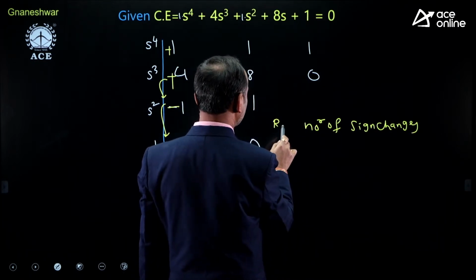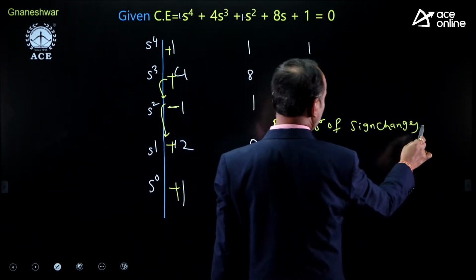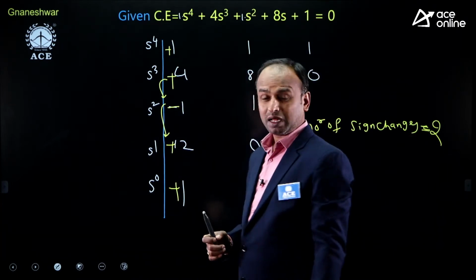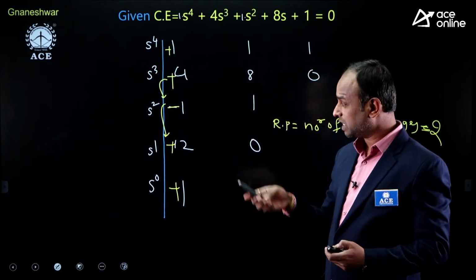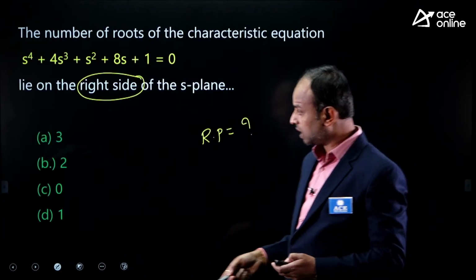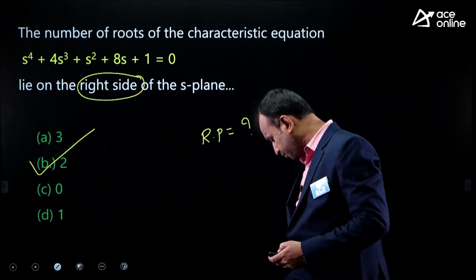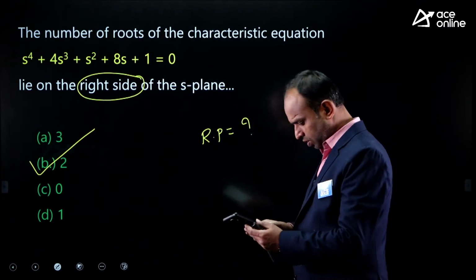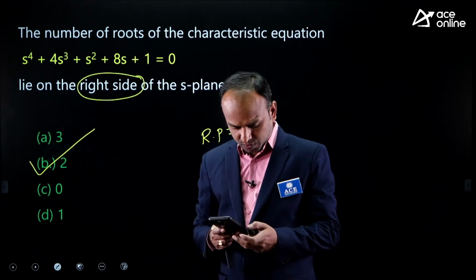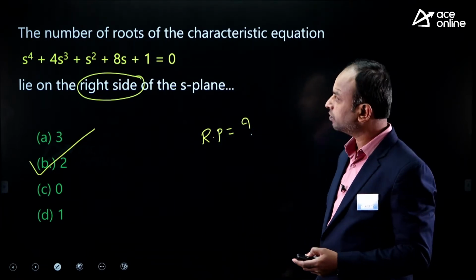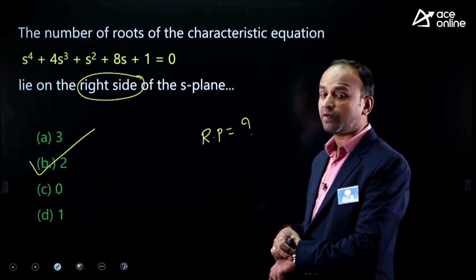Number of right side poles equals number of sign changes in the first column, equal to 2. So the correct answer is option B. Yes Monica, Sandeep, correct. That will improve your confidence level. This is all about the Routh-Hurwitz method.